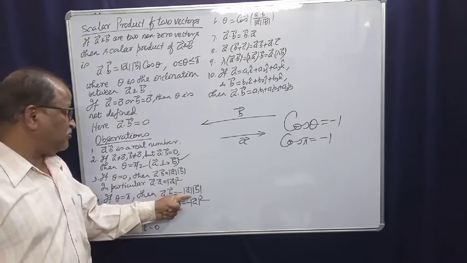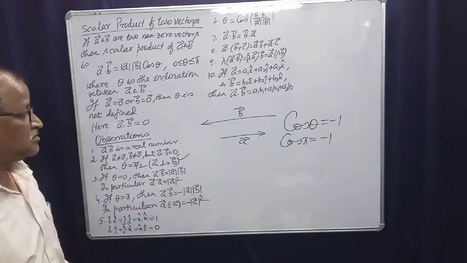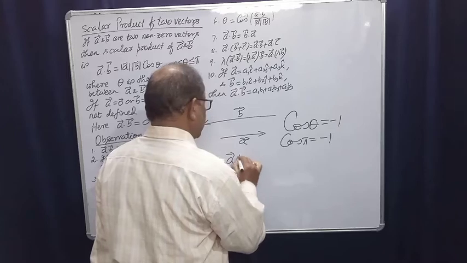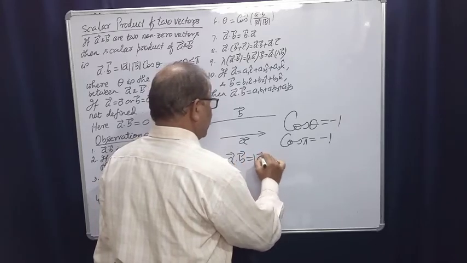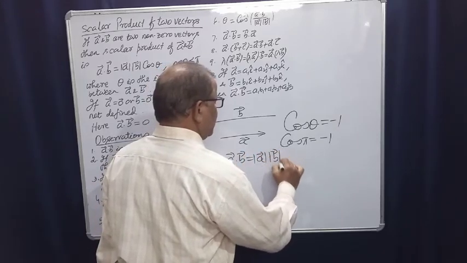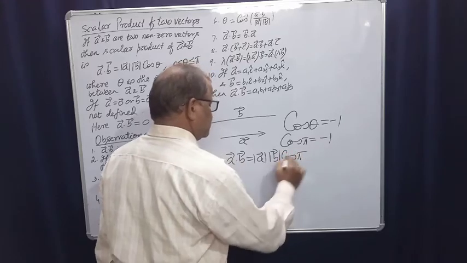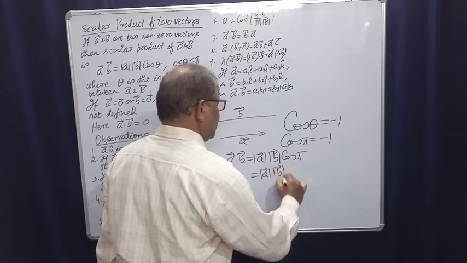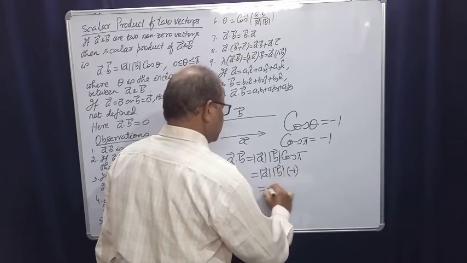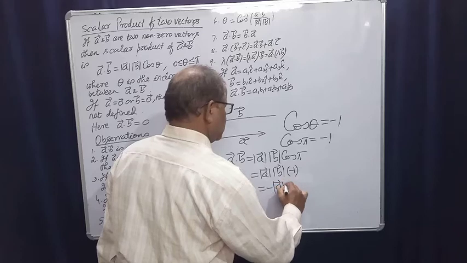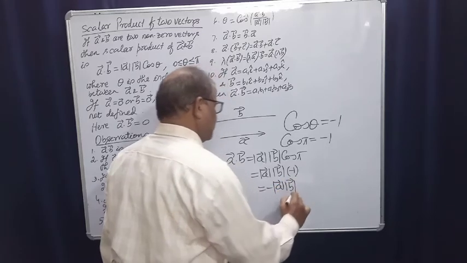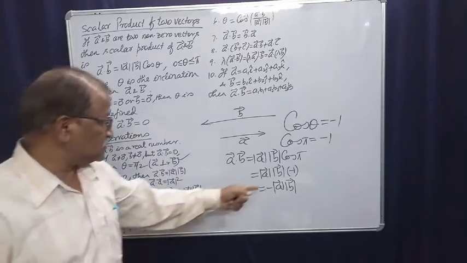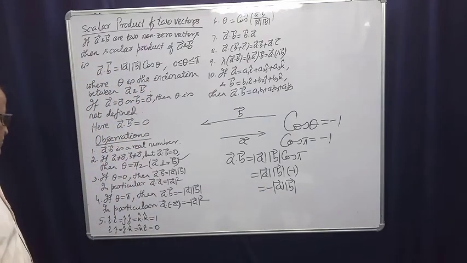So then A dot B is equal to what? A dot B in this case will be magnitude of A into magnitude of B into cos pi. Cos pi is -1, so it is minus magnitude of A into magnitude of B. This is A dot B. Right?